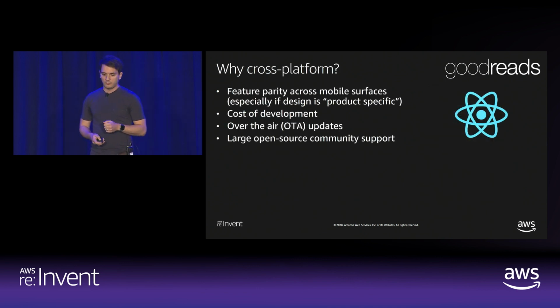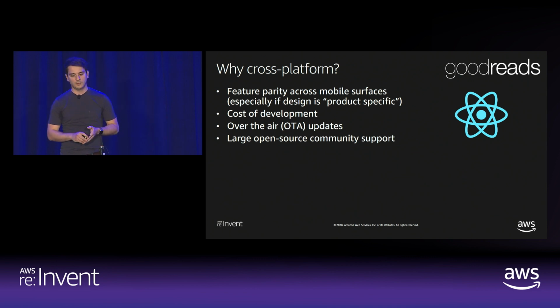But first, why did we decide to go cross-platform for this feature? So using a cross-platform solution, there's no need to repeat work to implement the same feature on both surfaces, especially if your feature is following design constructs specific to your product and not as much on the native construct.